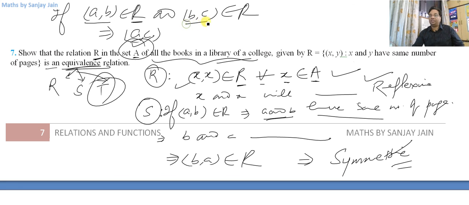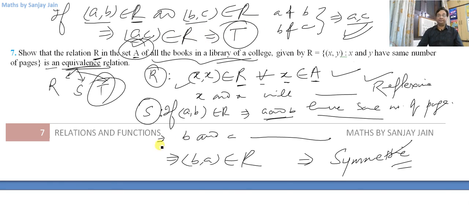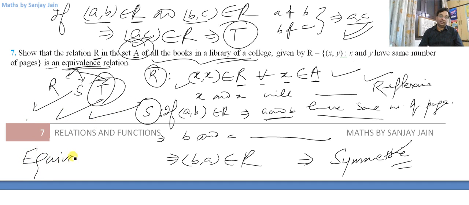If B comma C belongs to R, B and C have the same number of pages. This will imply that A and C have the same number of pages. Then A comma C will belong to this relation R, hence making it transitive. So yes, it is reflexive, it is symmetric, it is transitive, hence it is an equivalence relation.